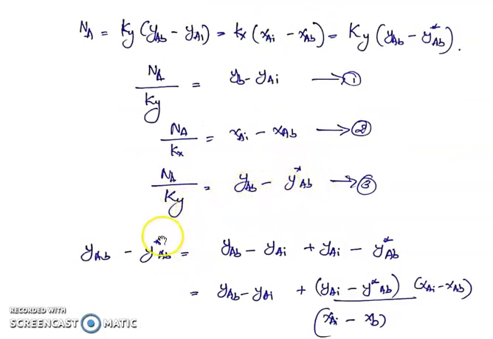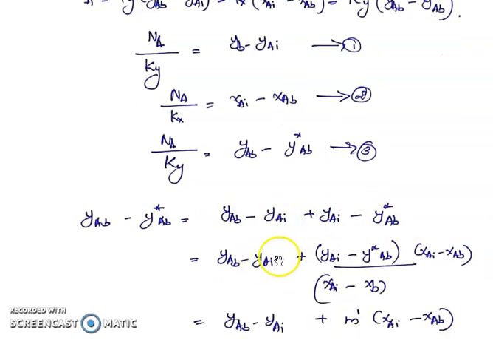So here, YAB minus Y star AB is equal to YAB minus YAI plus YAI minus Y star AB. I added and subtracted YAI. So now let's group things together. YAB minus YAI, because we know what YAB minus YAI is.